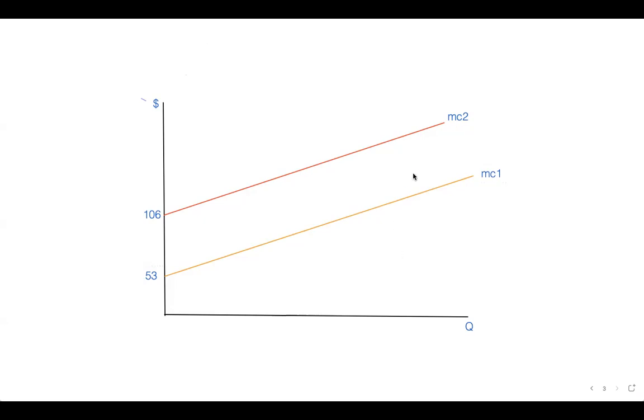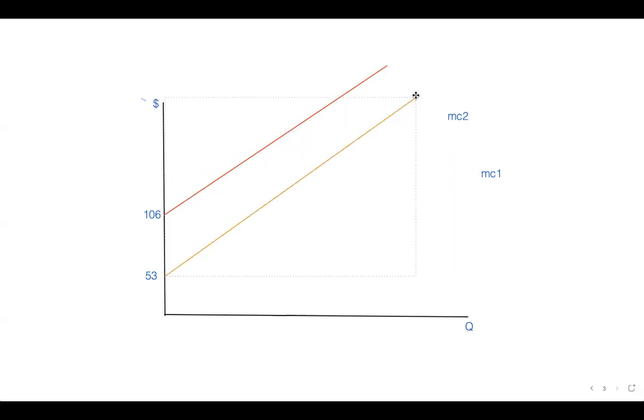Now there's something else, and maybe I'll exaggerate it a little bit to make the point. So let's make this steeper. Maybe I'll make it really steep like this. But they're still parallel, right? Okay.